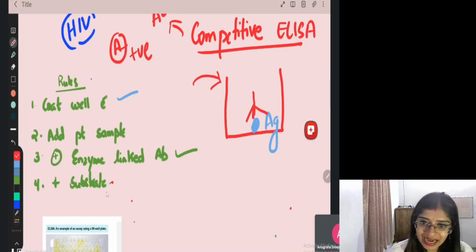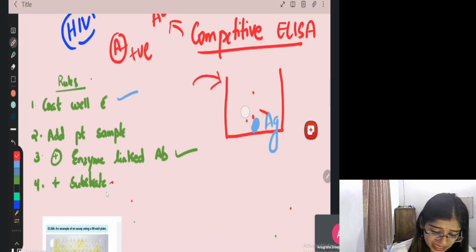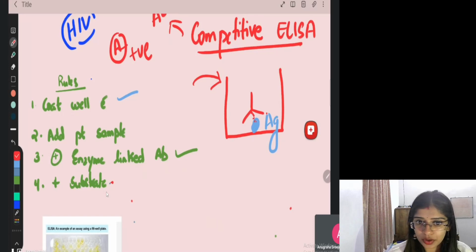The patient's antibody is normal. It is attracted towards antigen only. Normally, universally, antigen and antibodies are attracted. So remember that in competitive ELISA, everything is normal. So if the patient is actually having HIV and you're adding the patient serum, his HIV antibodies will come and form a bond with this antigen. Clear? Strong bond. Okay, fine.